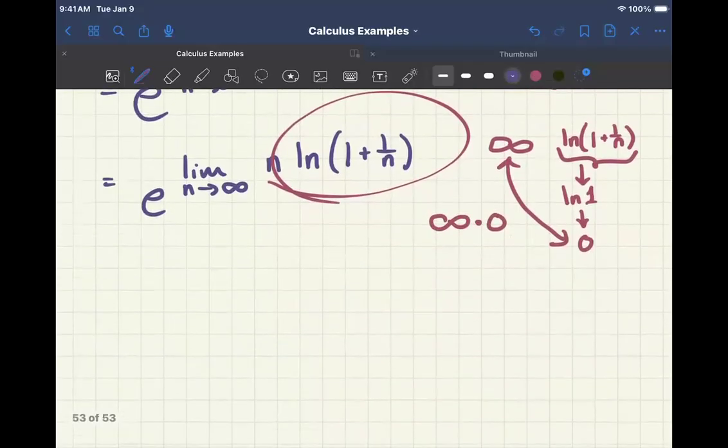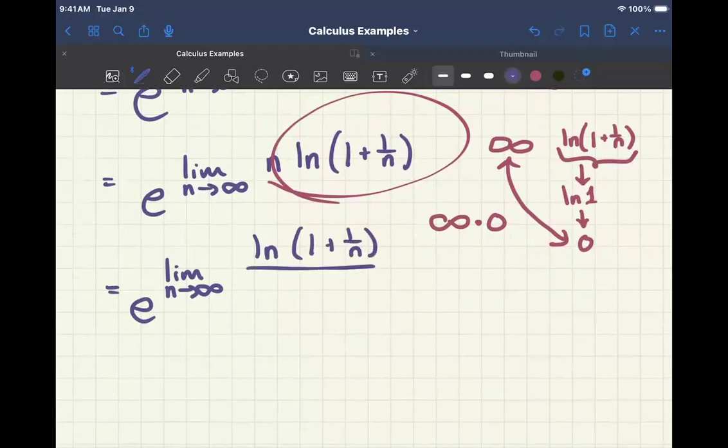And I'm going to rewrite this so that we have something that might be a little bit more like what you're used to seeing. I'm going to throw that n in the denominator just so that it looks a little prettier.